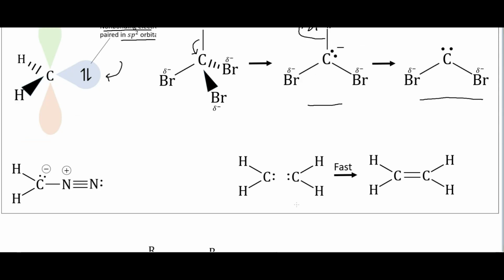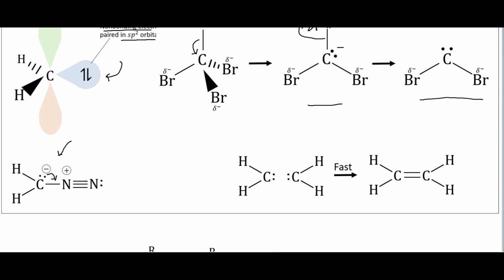The other one that I wanted to show is we have this down here. And so this is sort of resonance stabilized. These electrons can go here. Then these ones would go here, and so sort of sharing the negative charge with the nitrogen, which, as we'll see here, is going to be the minor contributor to that, because nitrogens don't like to have negative charge.